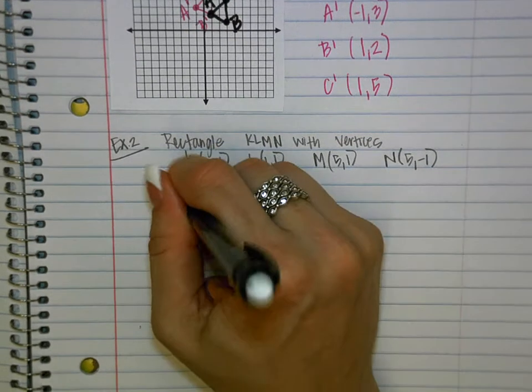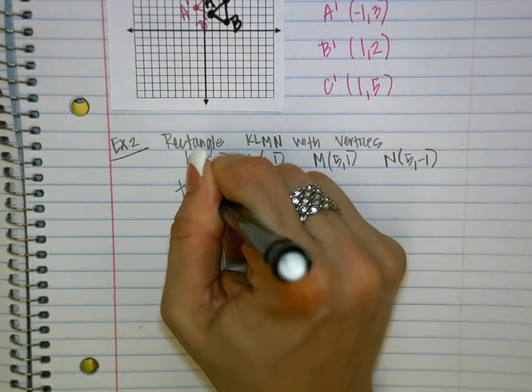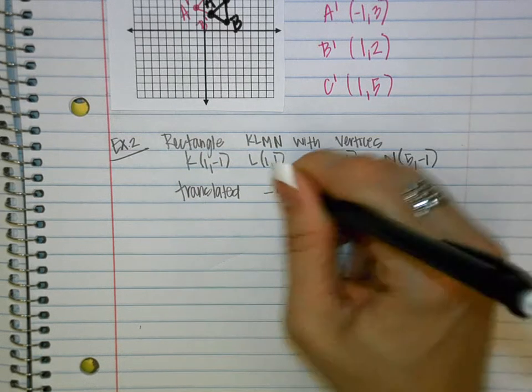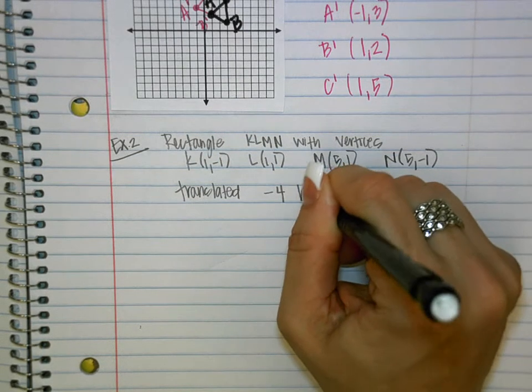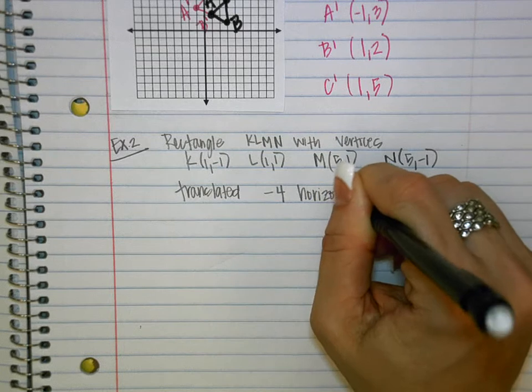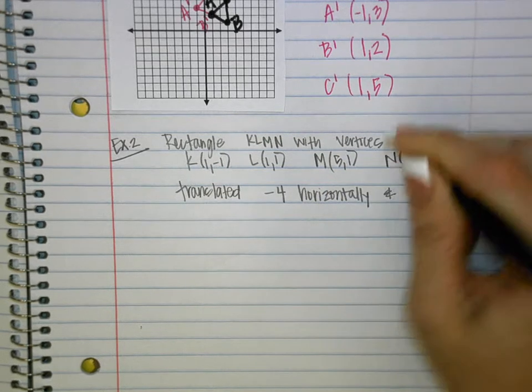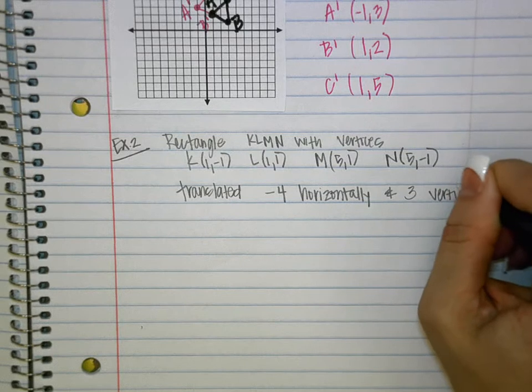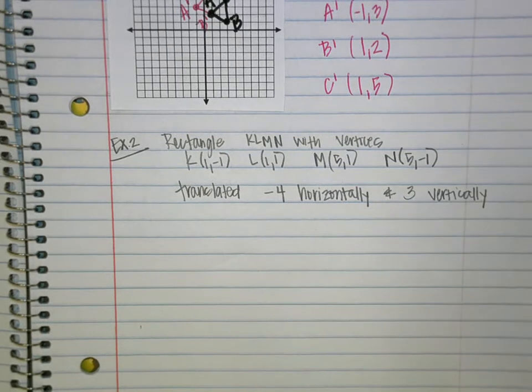This time I'm going to ask you to have it translated negative 4 horizontally and 3 vertically.